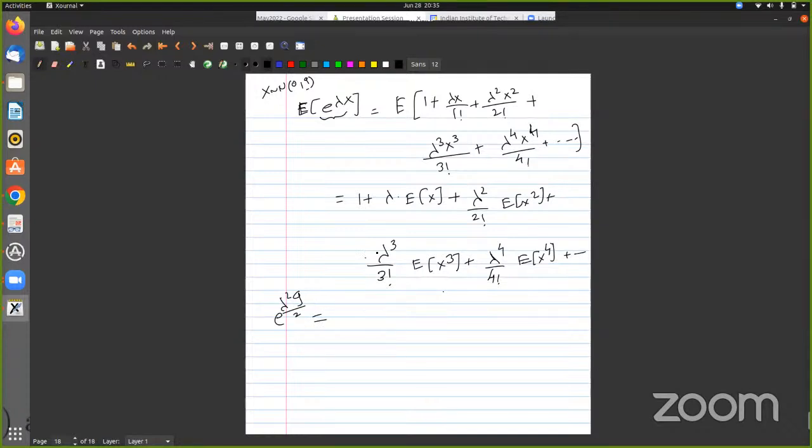So now 1 plus 1 plus lambda square lambda.